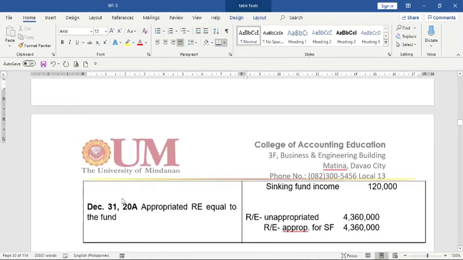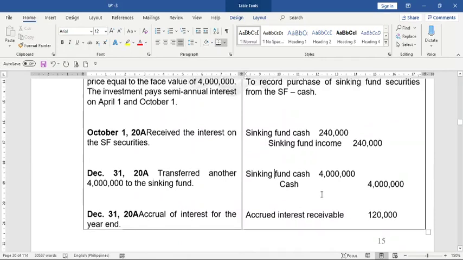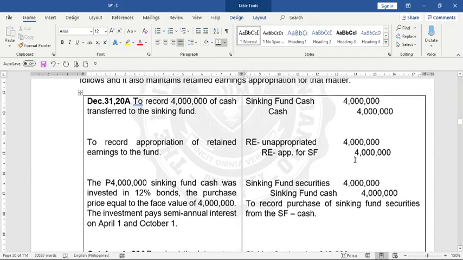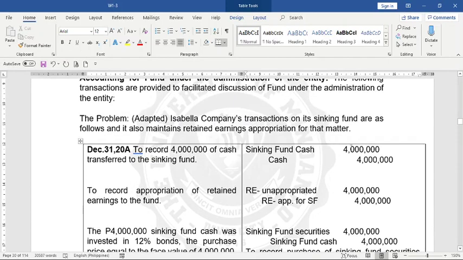And then, do not forget, kailangan si retained earnings appropriated is equal to all your sinking funds. So, i-add mo. So, you can make a T-account. Sinking fund cash, 4 million. Meron tayong sinking fund securities 4 million pero nag-minus sa sinking fund cash. So, zero na si sinking fund cash.